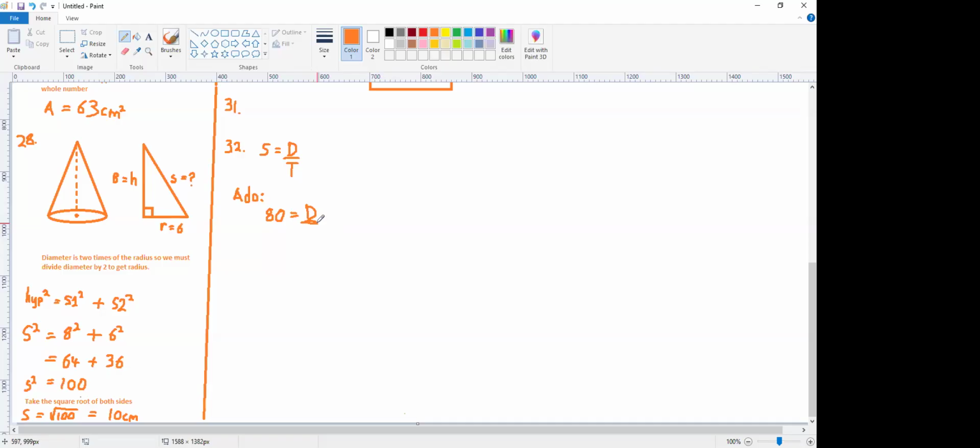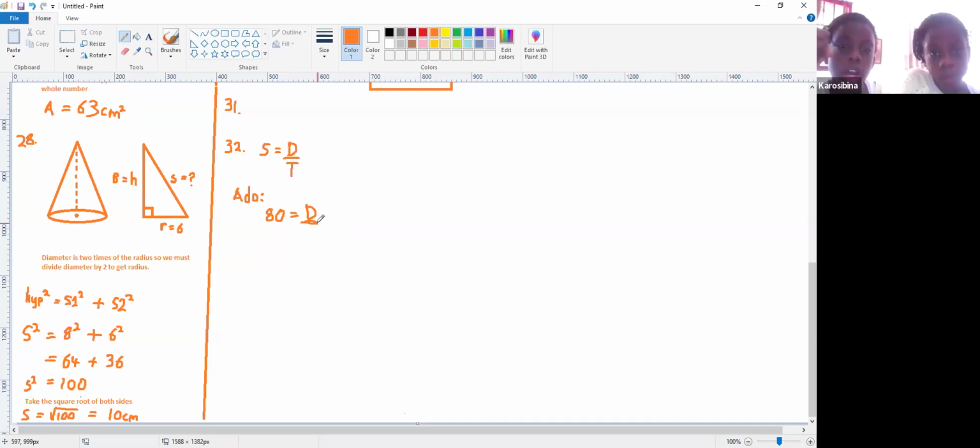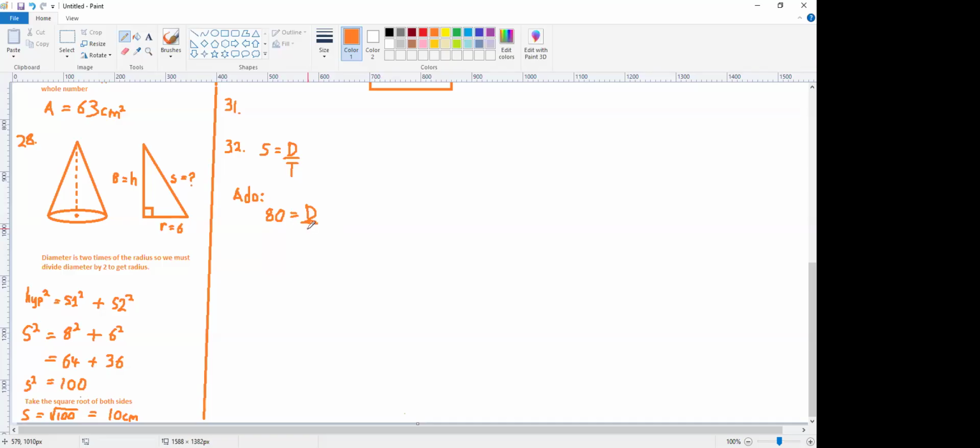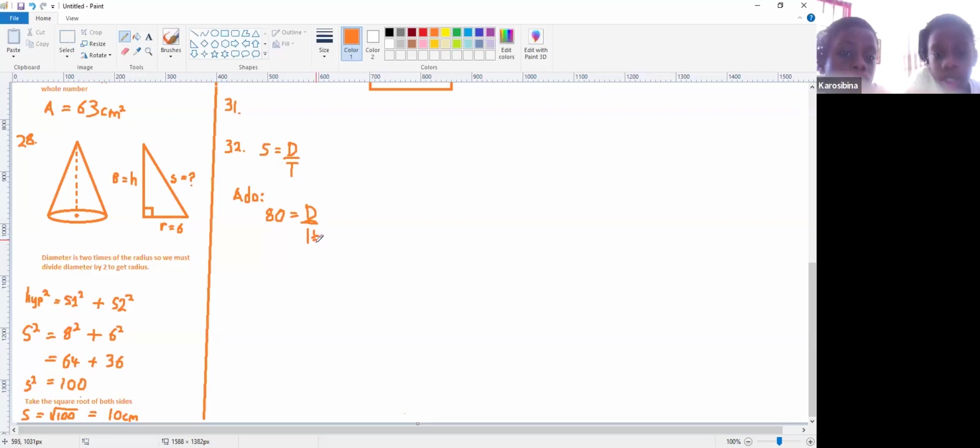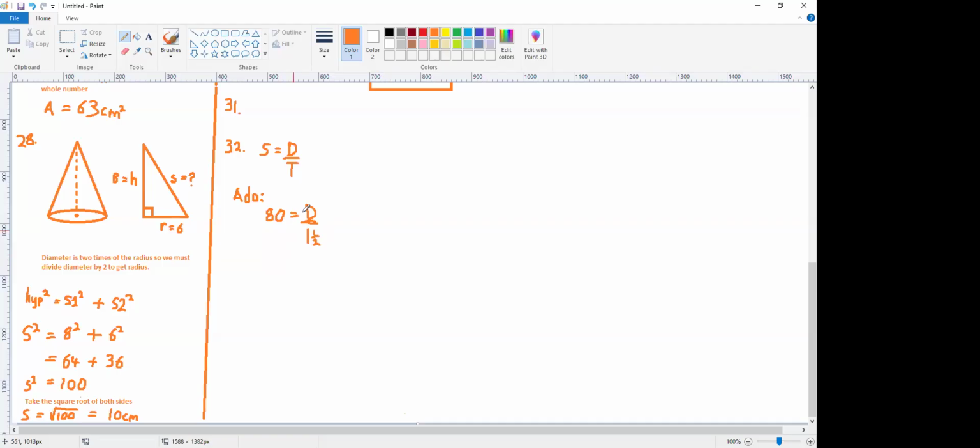No, that 300 is the total distance, not the one that the question is asking us. The question is asking us for 1.5 hours. It's not that 300 we will use. So the time is what? 1.5, isn't it? One and a half hours. Good.